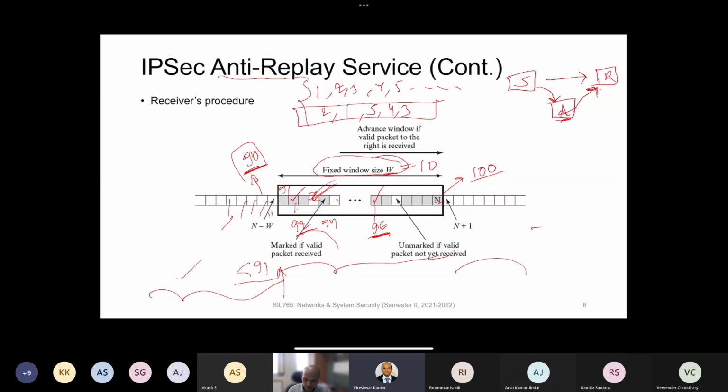So I'm going to talk about what will happen if you get a packet on the right side. Let me just also talk about it, and then probably I will take more questions.